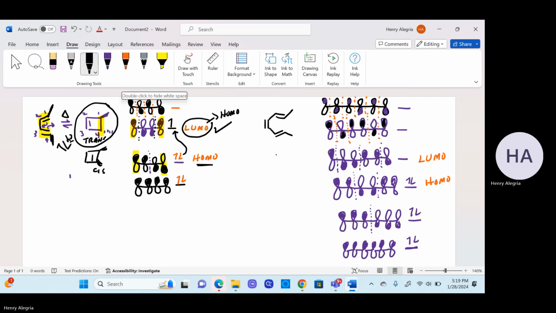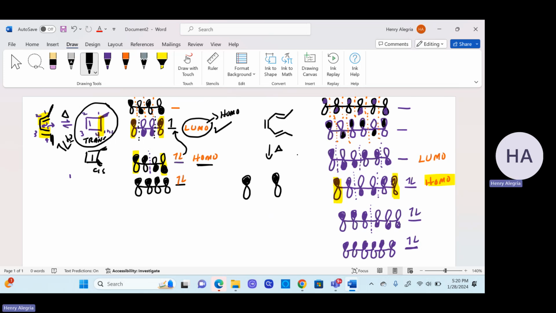Okay. If I'm doing this using heat, then the HOMO that I'm going to be using is the regular one. We're only interested in the terminal ones. And you notice that the two terminal ones are both shaded up. Therefore, I'm going to have shaded up here, and I'm going to have shaded up at the other one.